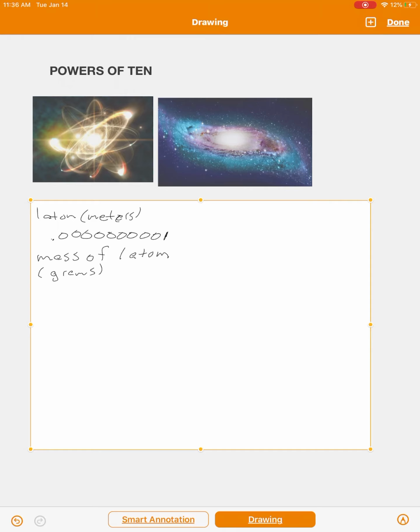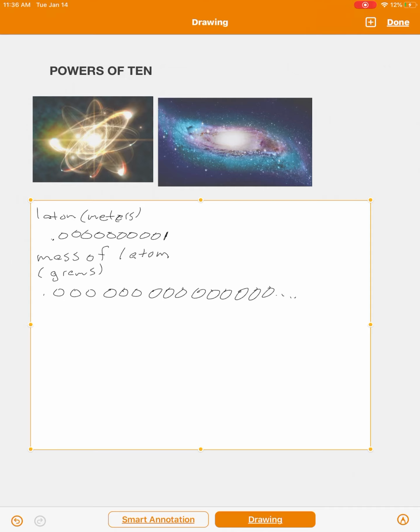The mass of an atom is 0.000000000000000, I'm going to keep going. It's actually pretty small. So these are really, really small numbers that we deal with in terms of atoms. But what about the really large numbers? The really large numbers would be considering, for example, a galaxy.